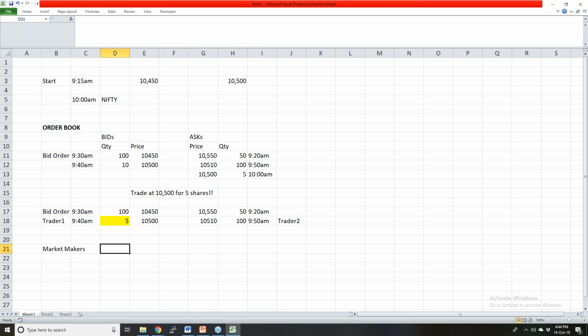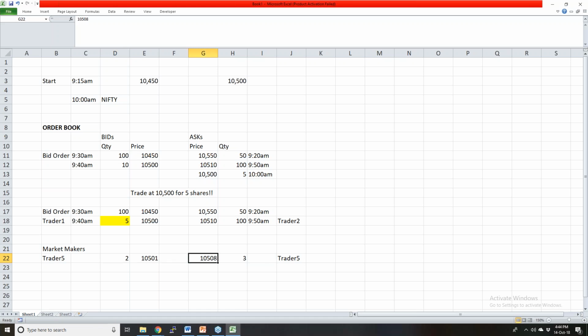What market makers do is say, I want to buy two shares at 10,501 and I want to sell three shares at 10,508. And this is the same trader who sends these instructions to the exchange. These are called market makers.